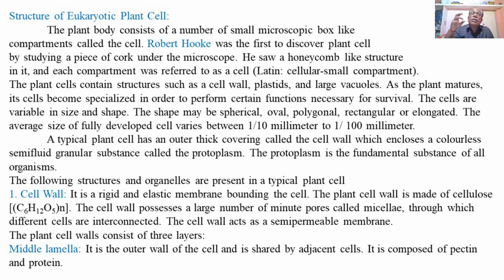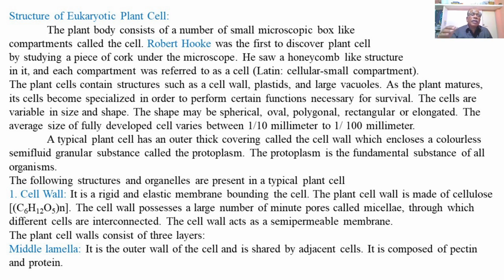The cell wall is composed of 3 layers such as middle lamella. So, it is the outer wall of the cell and is shared by adjacent cells and is composed of pectin and protein.